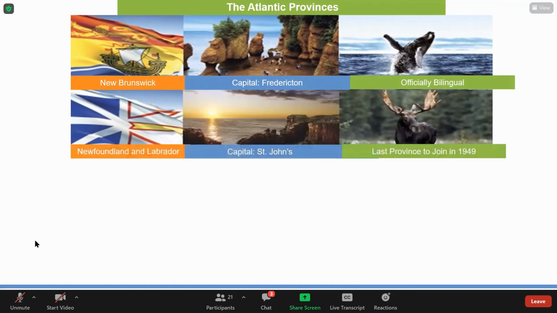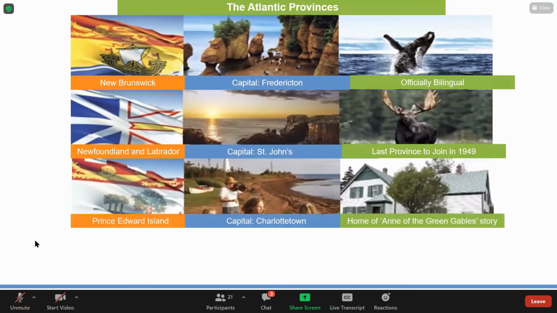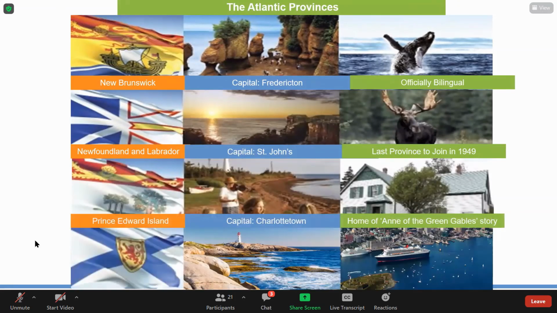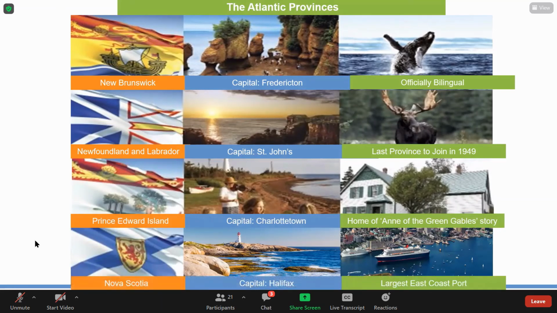Okay. This slide illustrates the Atlantic provinces, the resources in those particular provinces, and the capitals. You can see the Atlantic provinces: New Brunswick, whose capital is Fredericton. And as mentioned before, this is the only officially bilingual province in Canada.